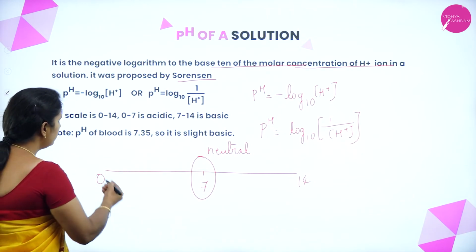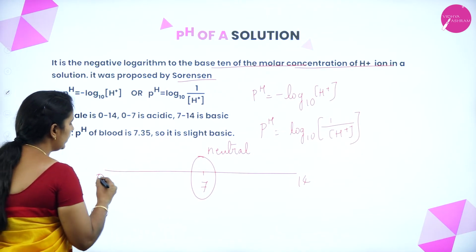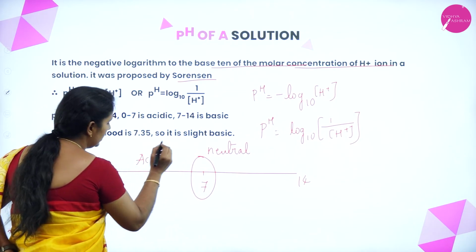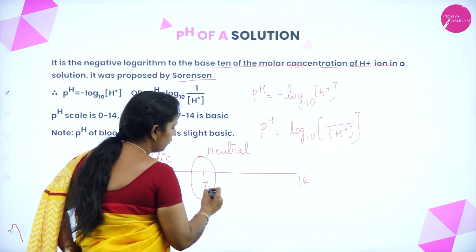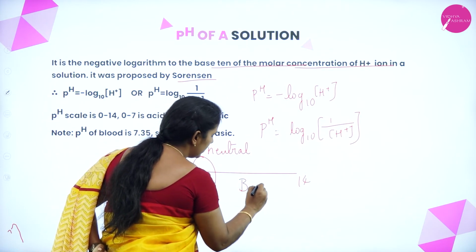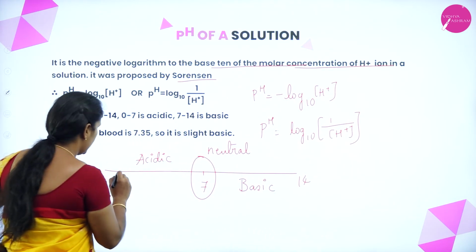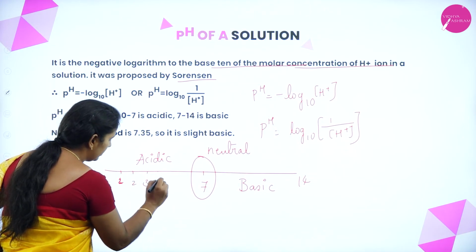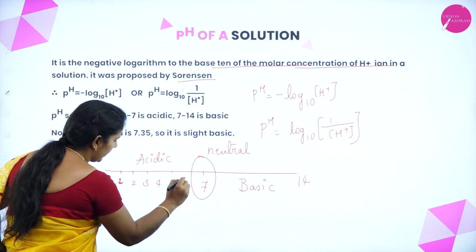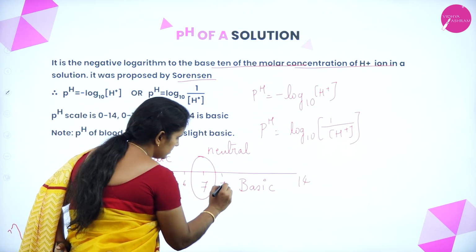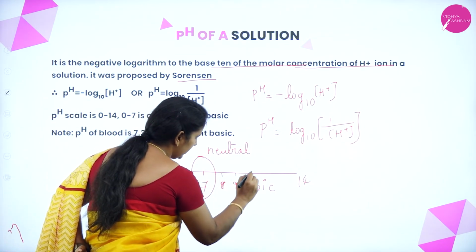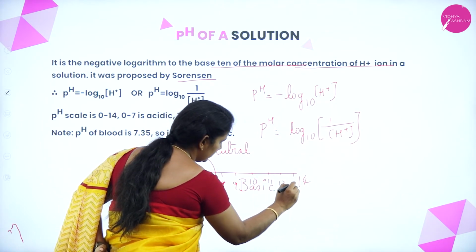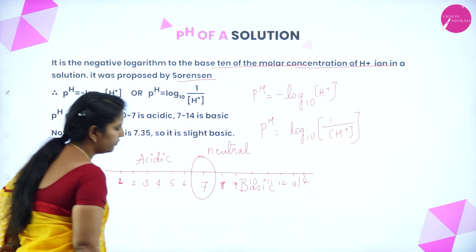Now, from 0 to 7, we call it acidic solution. Above 7 to 14, we call this basic solution. Again here, 1, 2, 3, 4, 5, 6, 7, 8, 9, 10, 11, 12, 13, and this is 14.